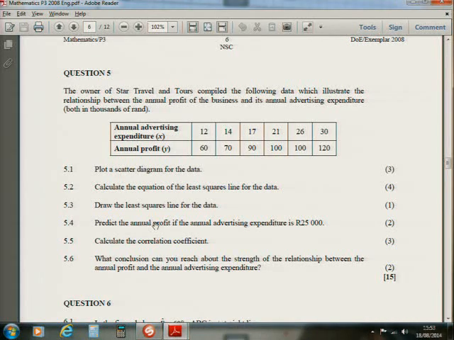Annual advertising expenditure. Good. And the vertical one, remember the Y one now is annual profit. So you need to write the annual profit. And all these are in rands. Remember, we are dealing here with rands.